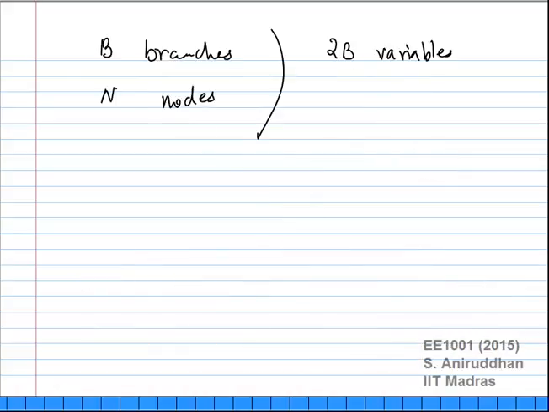How are you going to solve for these 2B variables? You're going to solve for it using certain sets of relationships. So KVL, KCL, and there is a third bit of information that you need to use. How many equations does KCL give you?